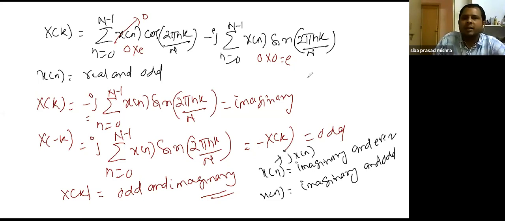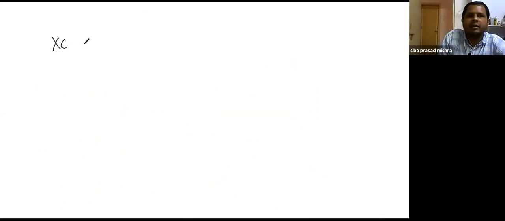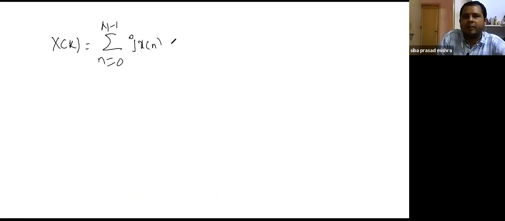Now all the equations, everything is same. Just in place of x of n, you take j x of n, and do this analysis. It is very simple. I am just giving a hint. X of k equals summation of n 0 to n minus 1, now you take j x of n, j x of n e to the power minus j 2 pi nk by n.